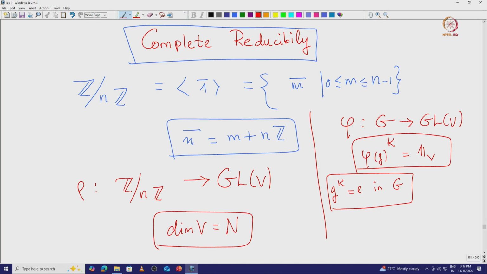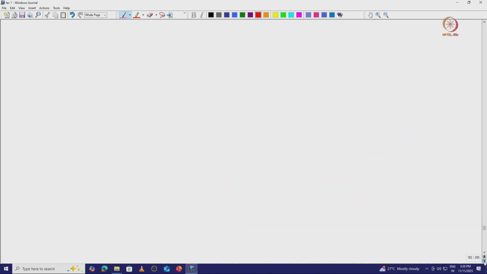That means the minimal polynomial of phi of g divides the polynomial x power k minus 1.